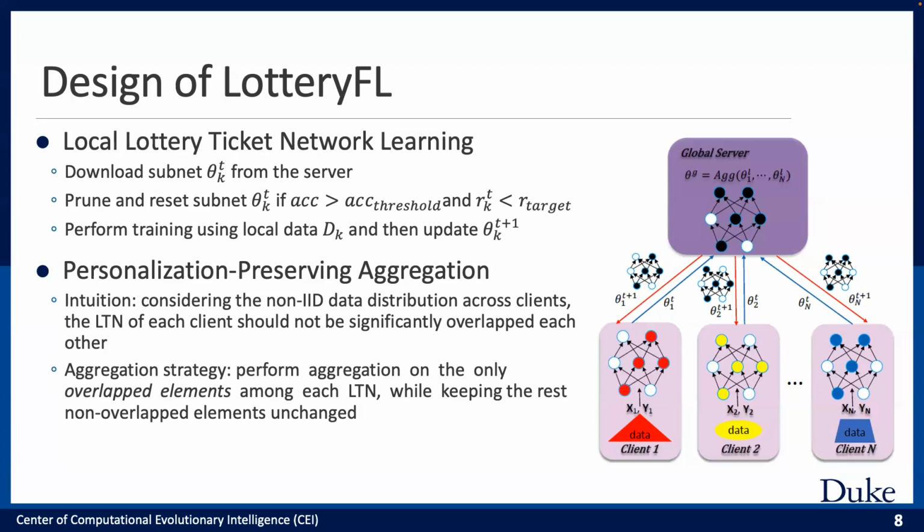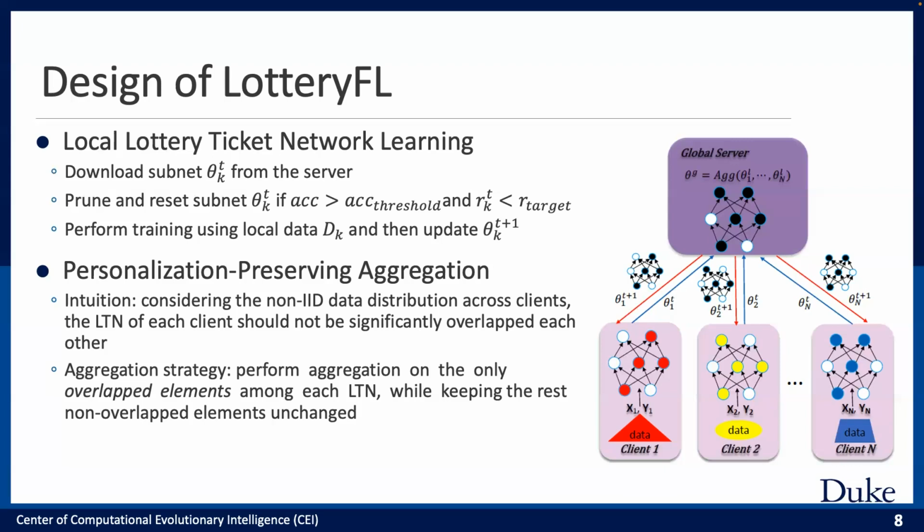The intuition is that we consider the non-IID data distribution across all the clients, so the lottery ticket network of each client should not significantly overlap with each other. Based on this assumption, we perform the aggregation only on the overlapping elements among the lottery ticket networks, while keeping the rest of the non-overlapping elements unchanged, because these unchanged parameters represent the local personalization of the device.